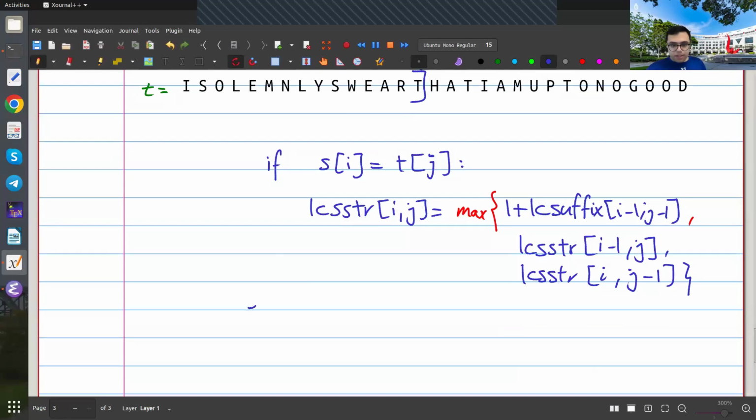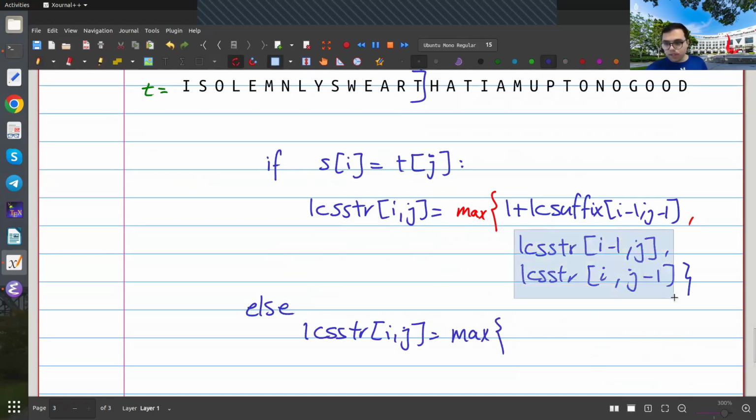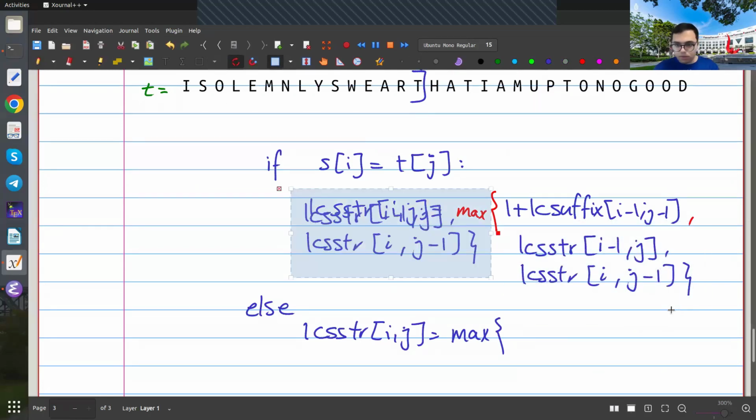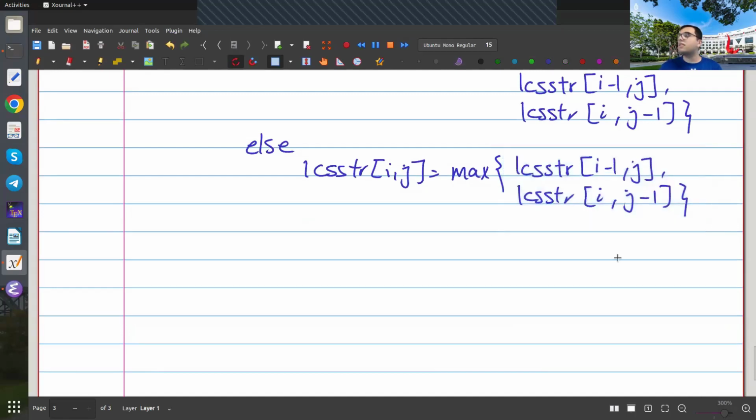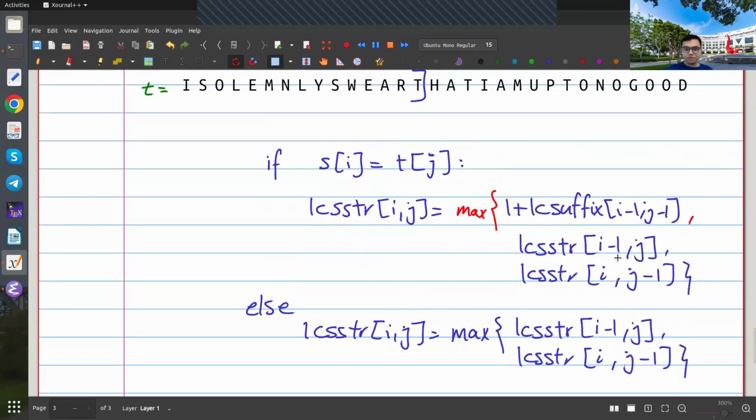So otherwise, my answer for I and J is just going to be the same thing, except that I only have those two cases. I don't have the first case, which used those suffixes. So just the maximum of these two. And again, my base cases are when one of my strings is empty and the answer is 0.